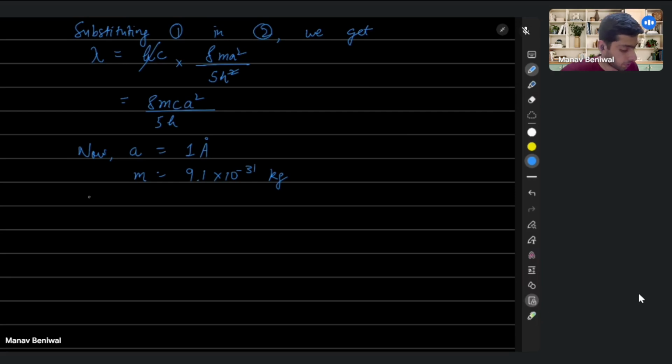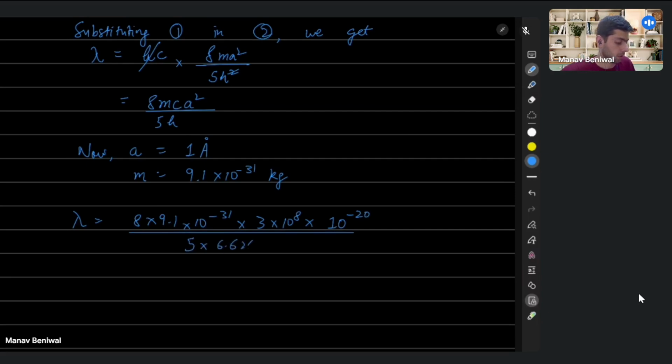So plugging in the values, we get lambda equals 8 into 9.1 into 10 to the minus 31, and then this is 3 into 10 to the 8, and this is 10 to the minus 10 squared, so squaring it will give you 10 to the minus 20, and divide the entire thing by 5 into 6.626 into 10 to the power minus 34.